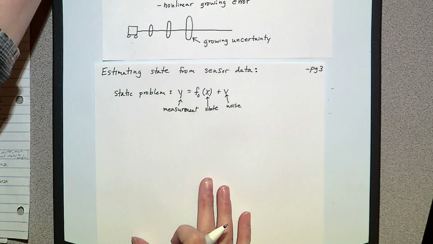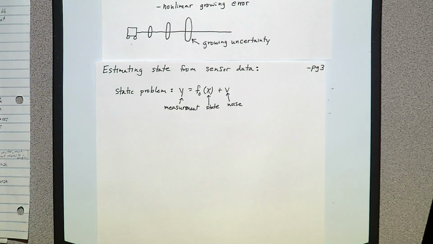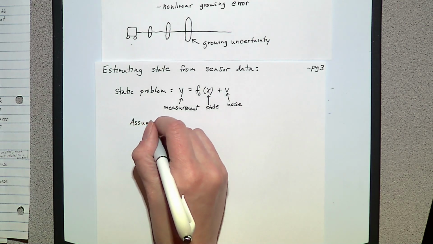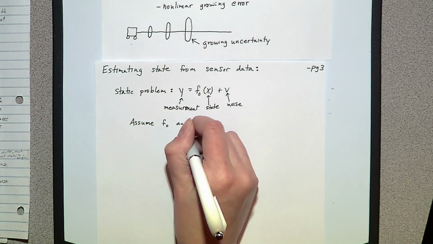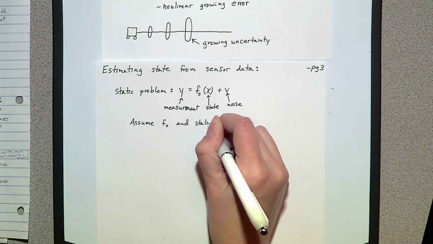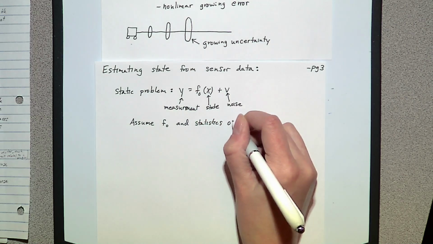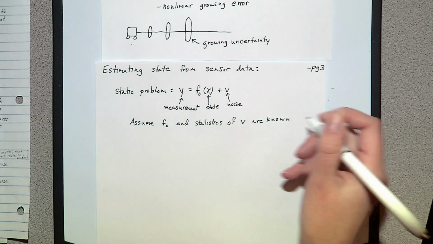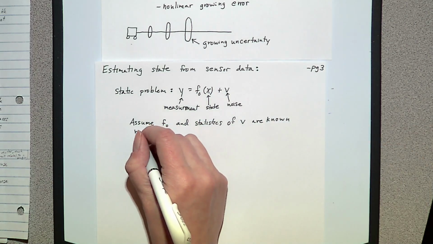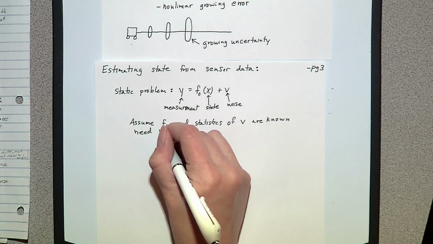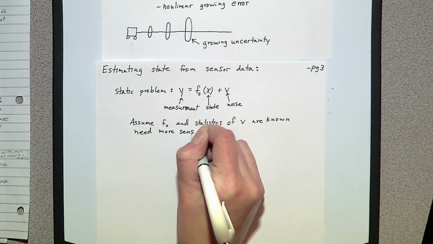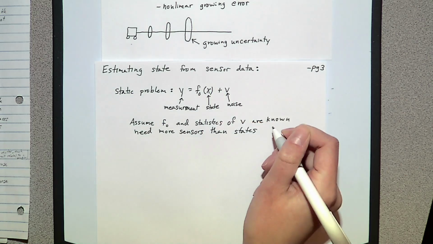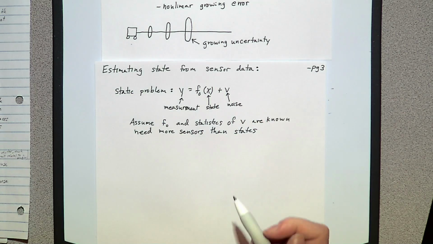So if you have a case like this, then if we assume F0 and some statistics of V are known, then we would need more sensors than states to be able to figure out what our state is.